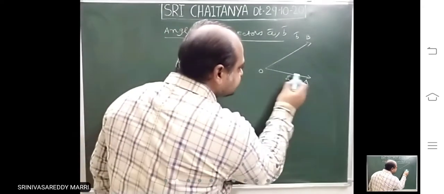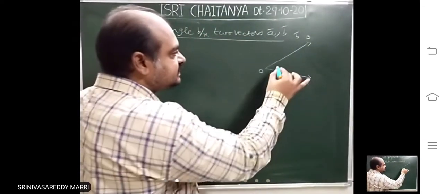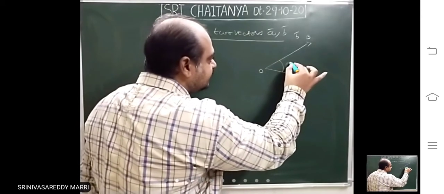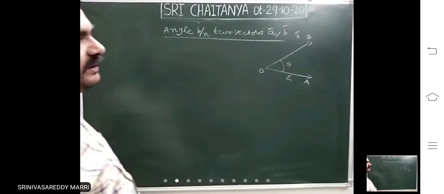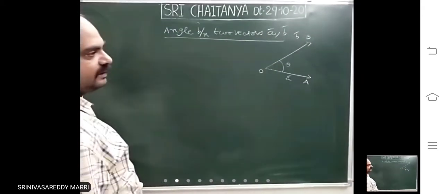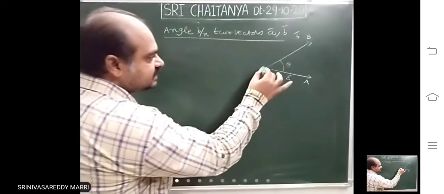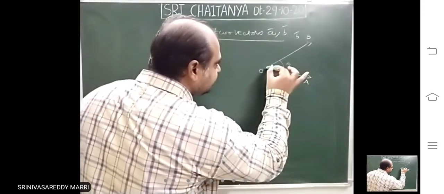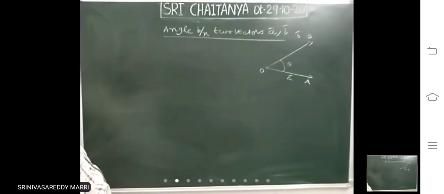In between these two directions, whatever the angle separation is, that is the angle between the two vectors. There will be only one angle between two vectors because this is a fixed directed line segment.